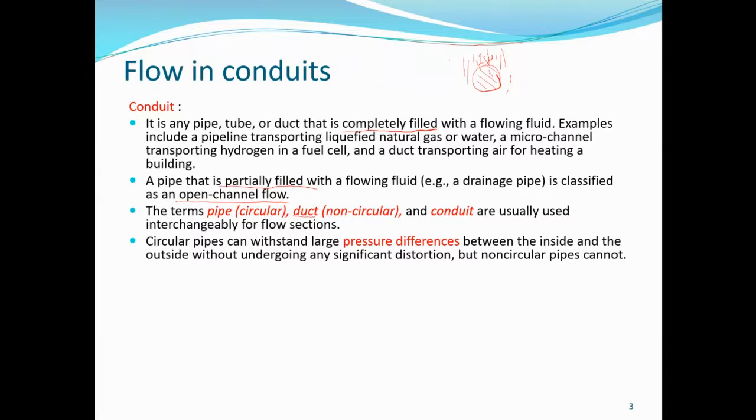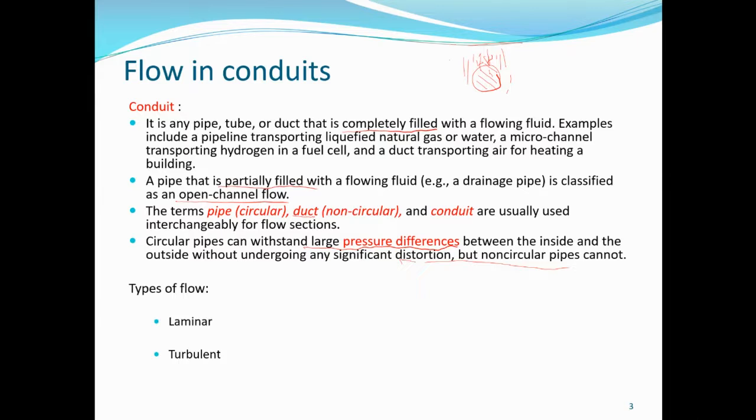Circular pipes have the capacity to withstand large pressure differences, meaning they can carry huge pressure inside while the outside pressure is low, without undergoing any significant distortion. But non-circular pipes may not be able to withstand such large pressure differences. That is why more often than not, whenever we are referring to conduits, the cross section is usually circular, because of the large pressure differences that pipes can withstand.